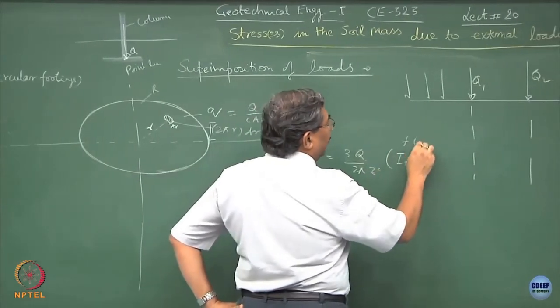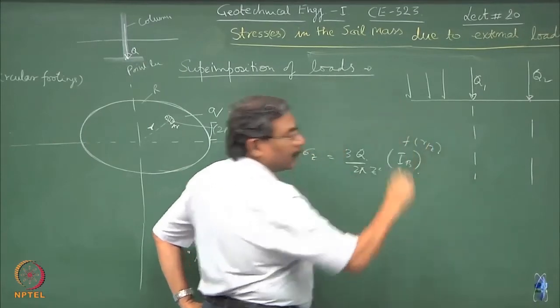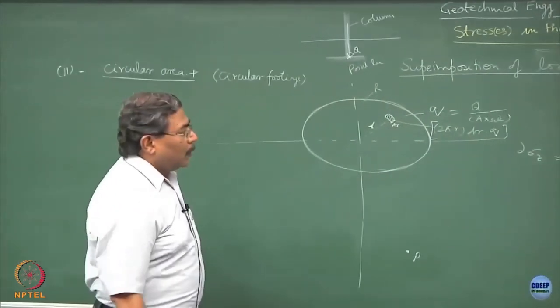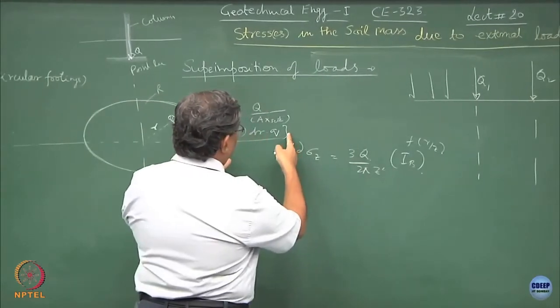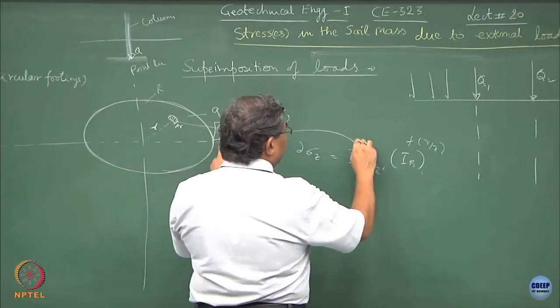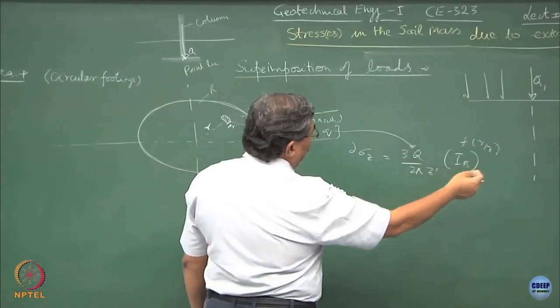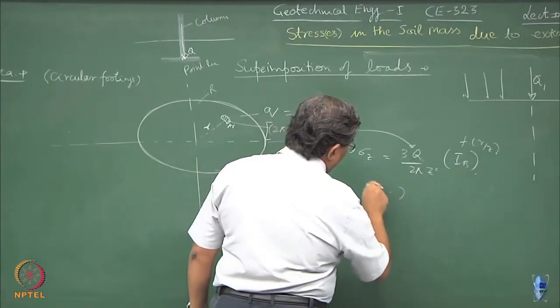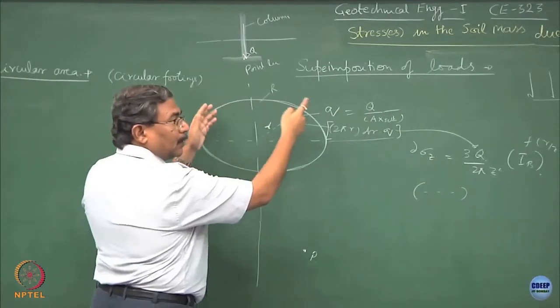This is a function of r by z. Clear? So, this q is equal to this one. I can substitute this value over here and integrate. So, I can get the expressions for the sigma z due to the circular loading.